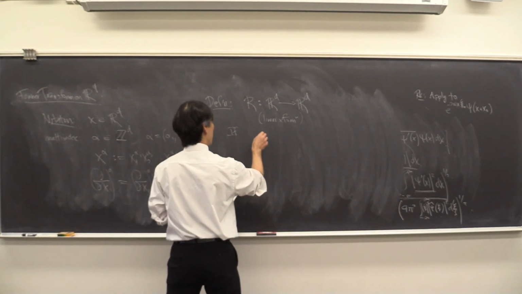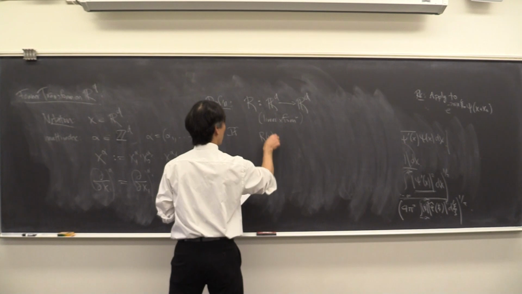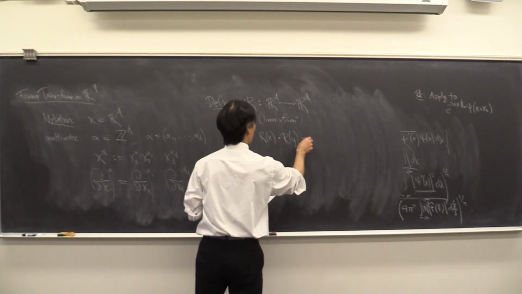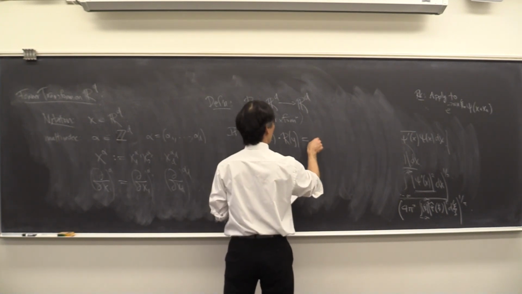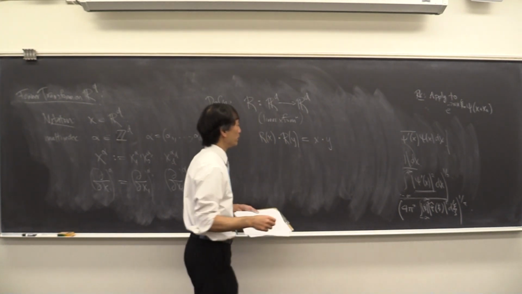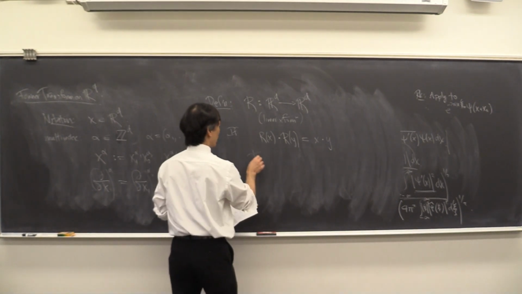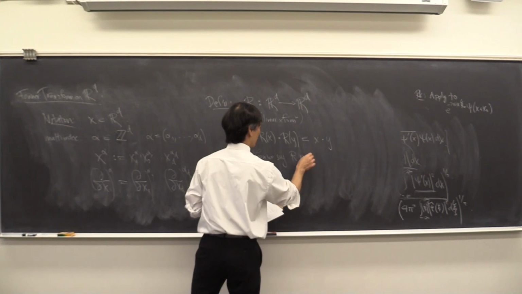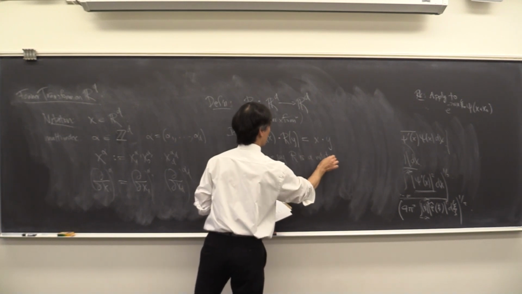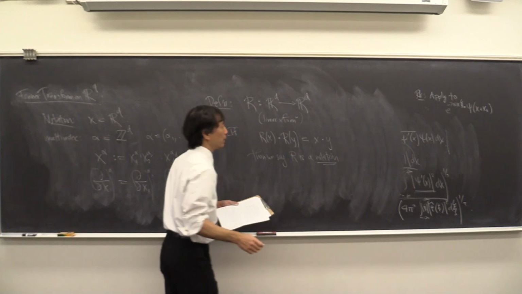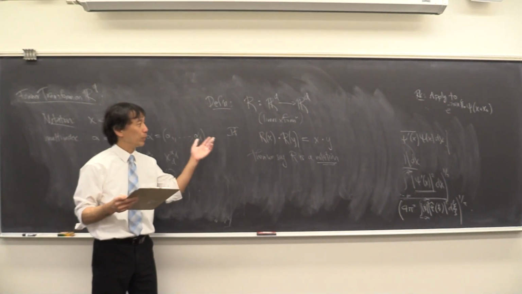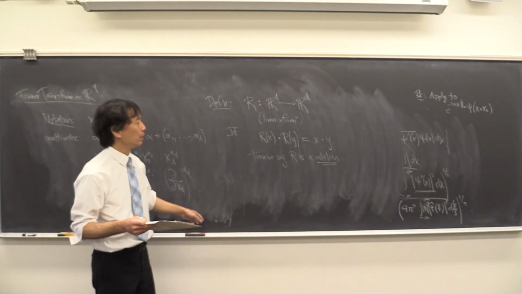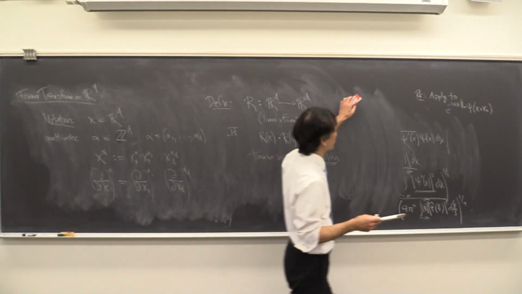If R of a vector dotted against R of another vector is always equal to the dot product of the original vectors, then we say R is a rotation. So what it does is it preserves the angle between the two vectors.